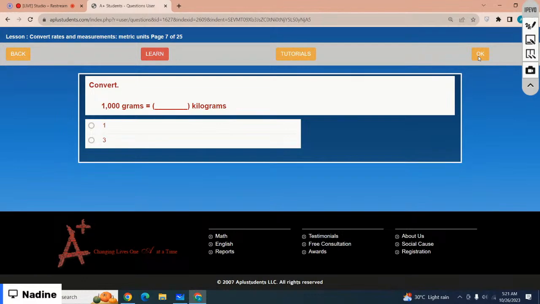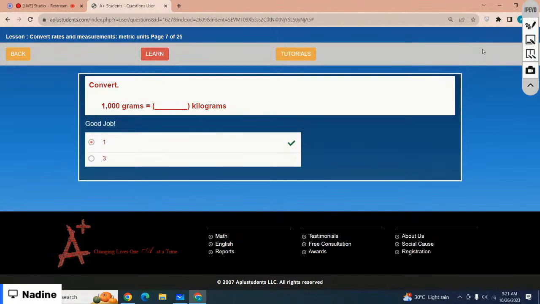1000 grams equal how many kilograms? The correct option is 1 kilogram. Okay, you can complete the lesson by yourself later today. Let's just move on to the next lesson.